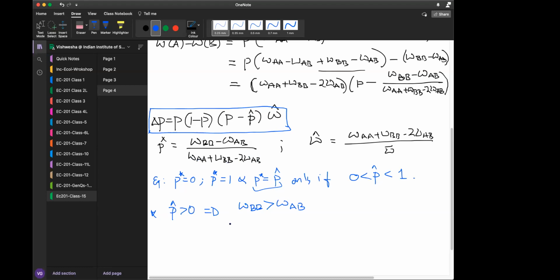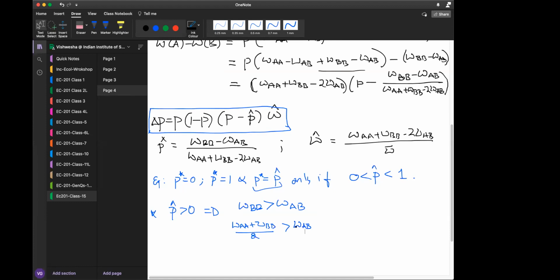Omega AA plus omega BB divided by 2 must be greater than omega AB. Is that right? If these two are true, then P hat will be greater than 0.